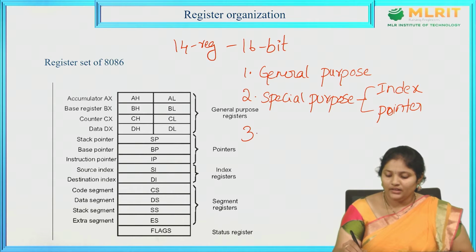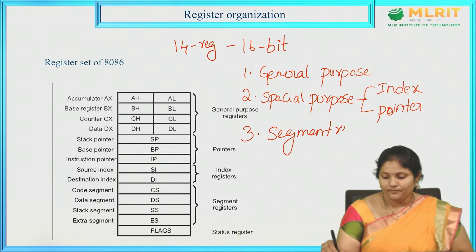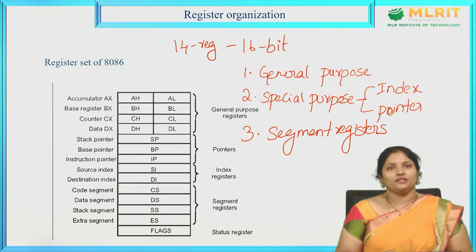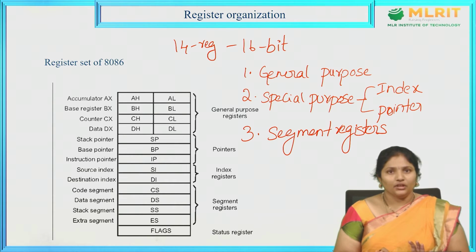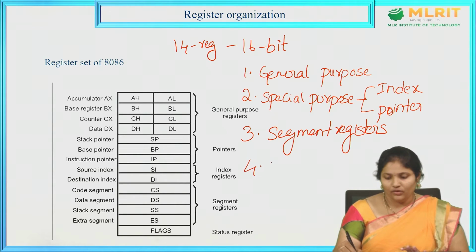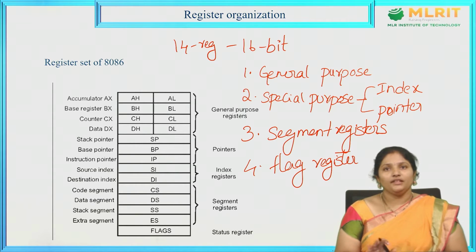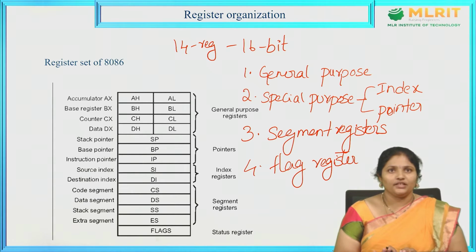And third one is segment registers. The fourth one is the flag register. These are the complete set of registers which we will have in the 8086 microprocessor.